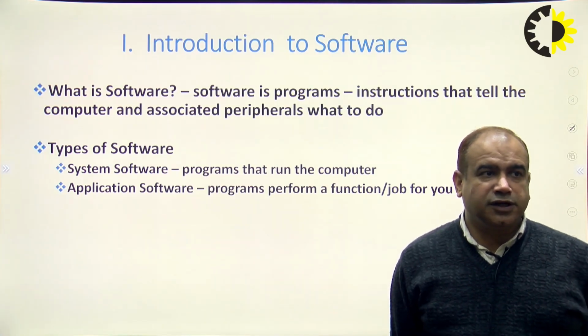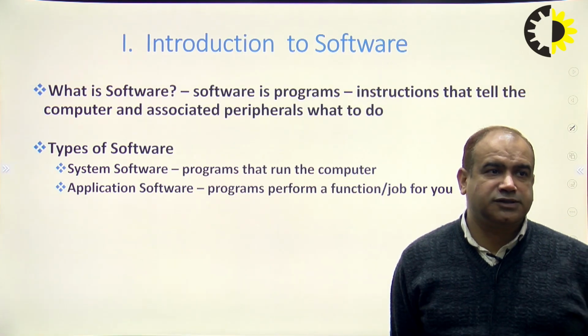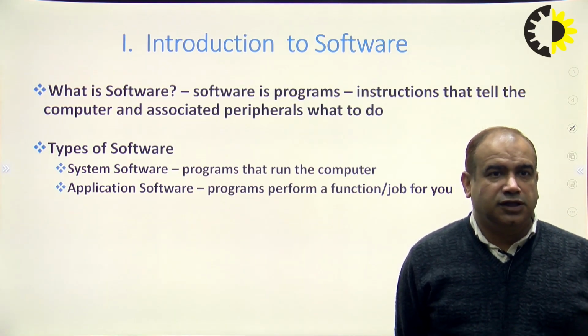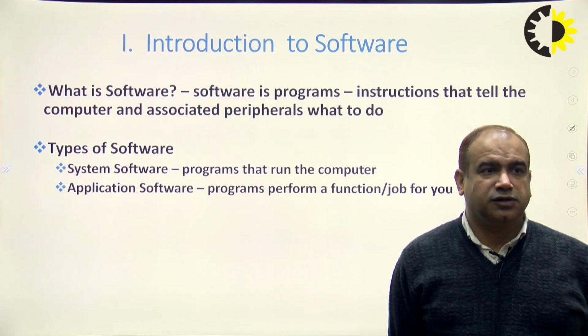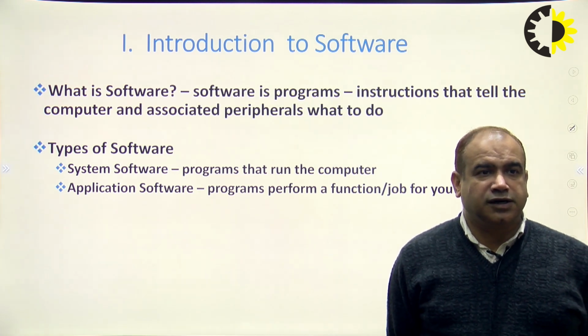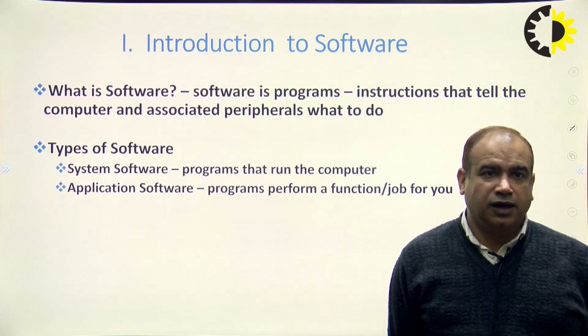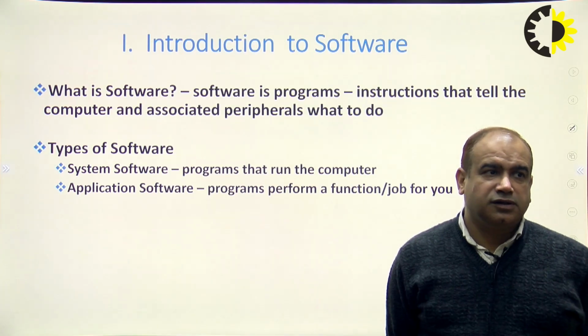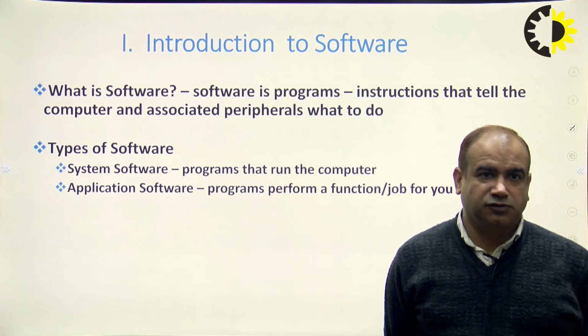So basically there are 2 types of software. First is system software, second is application software. System software is the program that runs the computer, like our operating system or drivers.